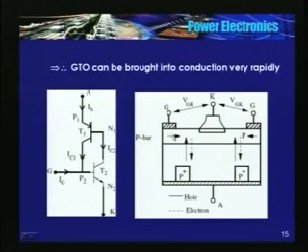So these are the gates and the cathode, the direction of holes, the direction of electrons. So the GTO can be brought into conduction very rapidly, because a very high di by dt is possible.